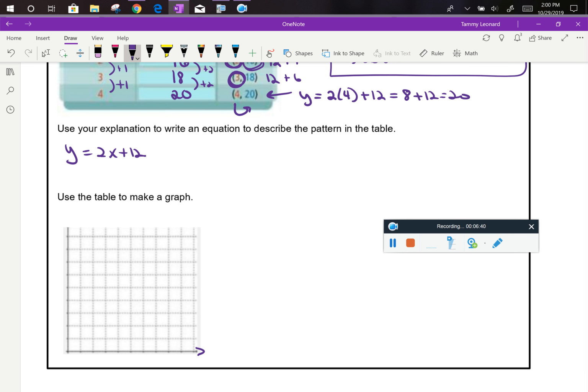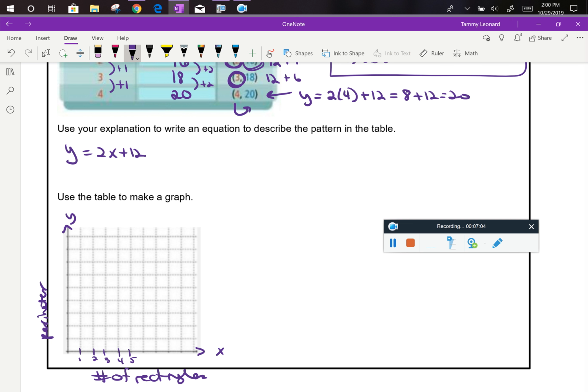If my x value is the number of rectangles, we can see that's going up by ones. So I can use a 1-to-1 scale along the x-axis. But my y-axis comes from the perimeter.